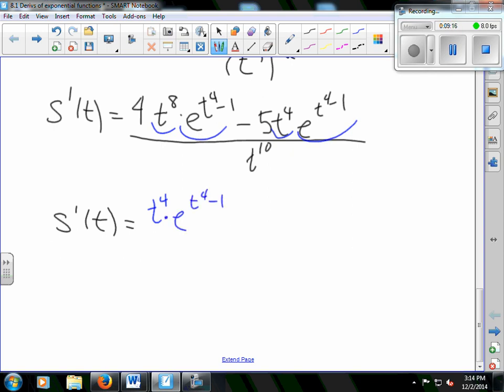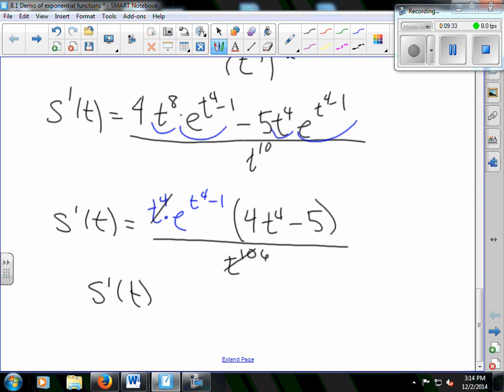And so I'm going to factor out t to the 4th, e to the t to the 4th minus 1, and then I have left 4t to the 4th minus 5 over t to the 10th. Oh, well, these cancel. Promise, the last line. e to the t to the 4th minus 1, 4t to the 4th minus 5, all divided by t to the 6th.